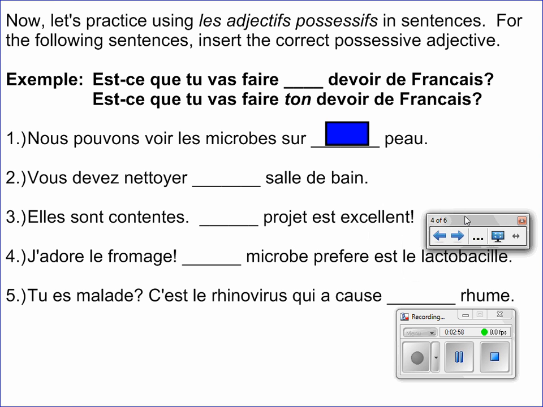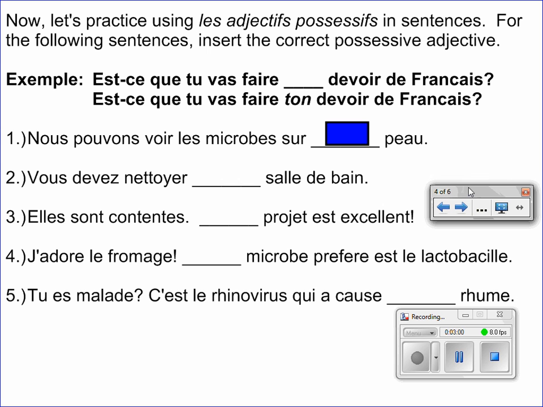So now we're going to practice using les adjectifs possessifs in sentences. For the following sentences, we need to insert the correct possessive adjective. So looking at this first example, est-ce que tu vas faire blank devoir de français? Have you finished your French homework? So we're missing the word your, or rather the French word for your. Now, how did I know that we need the word meaning your, as in singular your?